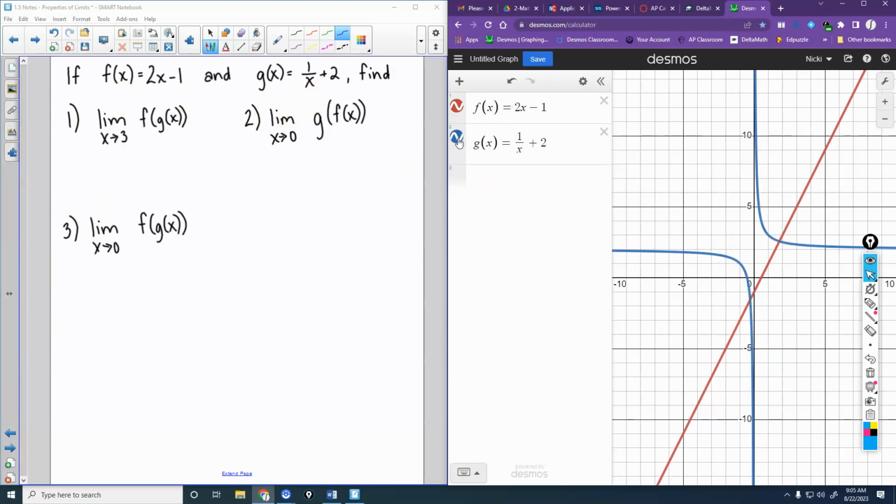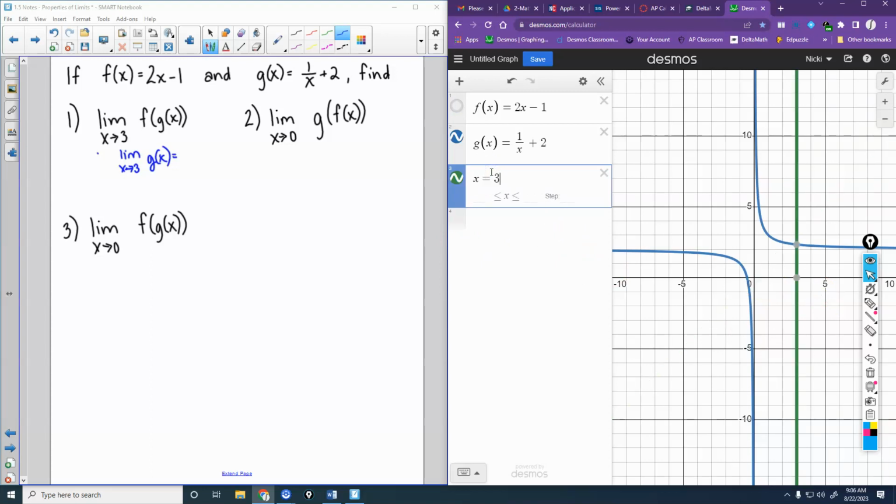If we do this first problem, we've got to do the limit as X approaches 3 of G of X first, and then plug that into the other. So for the limit as X approaches 3 of G of X, I can even put in X equals 3 here so we can see it on our graph.